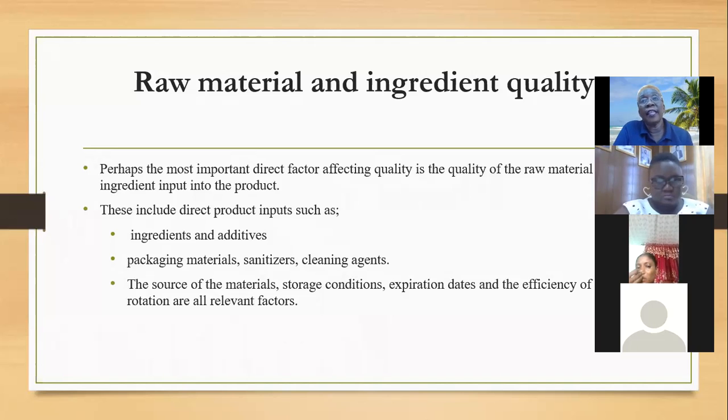But because it is selling cheaper, sometimes it is bruised, it is not at the best quality that you want it to be. But because of cost constraints, you tend to go with it.